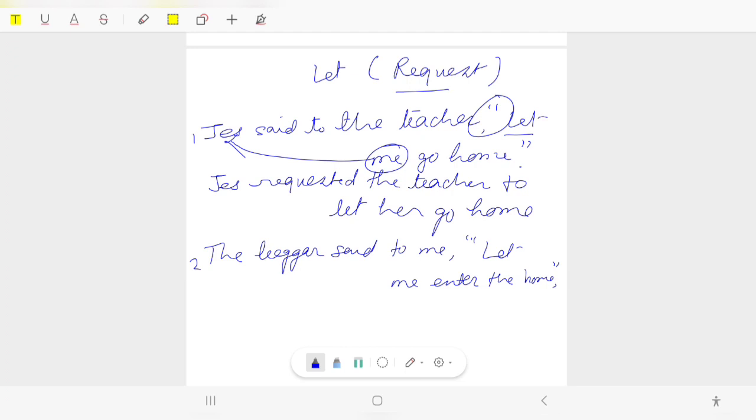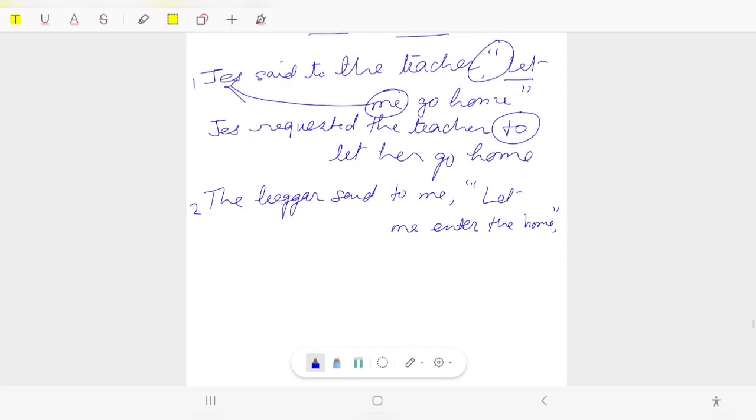We change like this. Here let is used as main verb. That's why to is used. Jess requested the teacher to let her go home. That's why to connector is used. Have a look at next example. The beggar said to me, let me enter the home. It's a request.